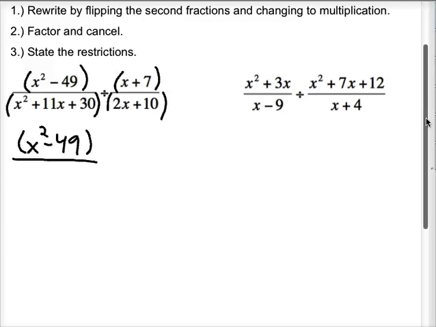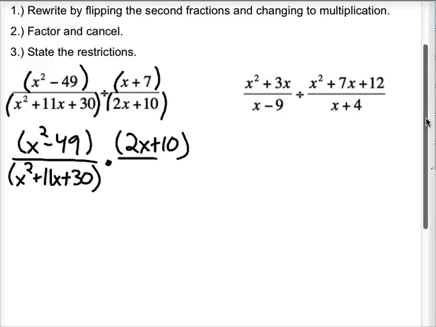So I'm going to leave my first fraction alone. And I'm going to flip my second one. And now from here, I'm just going to start factoring and canceling.